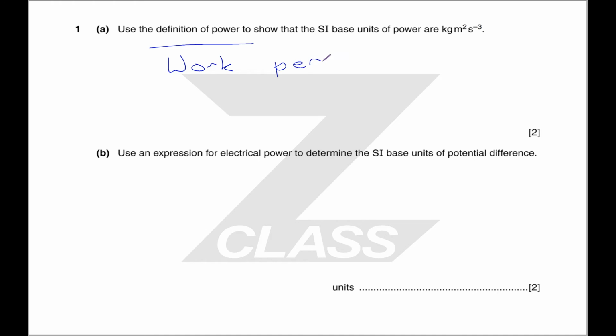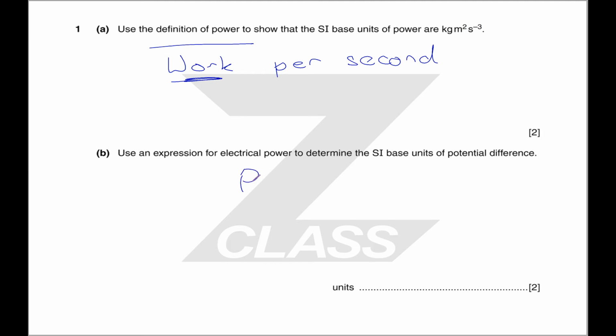Let's write that down. Now, work has the same units as energy, and therefore from that you can get the units that they're after. So I think the main point to remember is this idea and the fact that it's work.